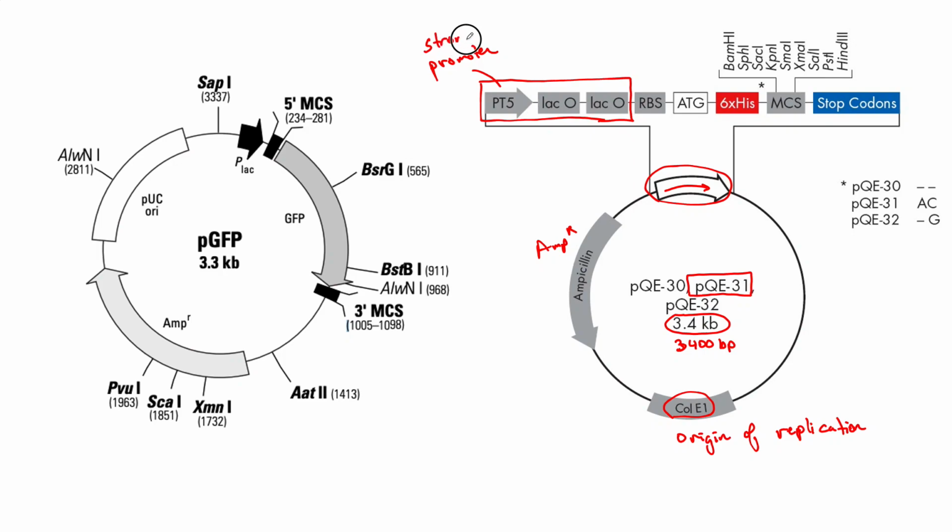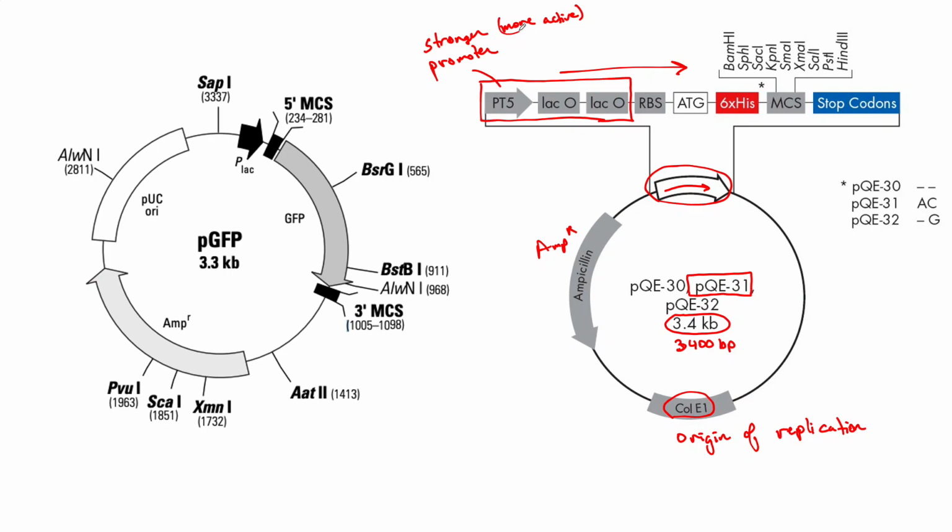Now, what do I mean when I say stronger promoter? When this is put into cells, specifically bacterial cells, this promoter drives expression of the downstream gene more, so that you get more mRNA in the end. So when we say a stronger promoter, it's basically more active, and it will produce more mRNA, and therefore you'll get more protein.